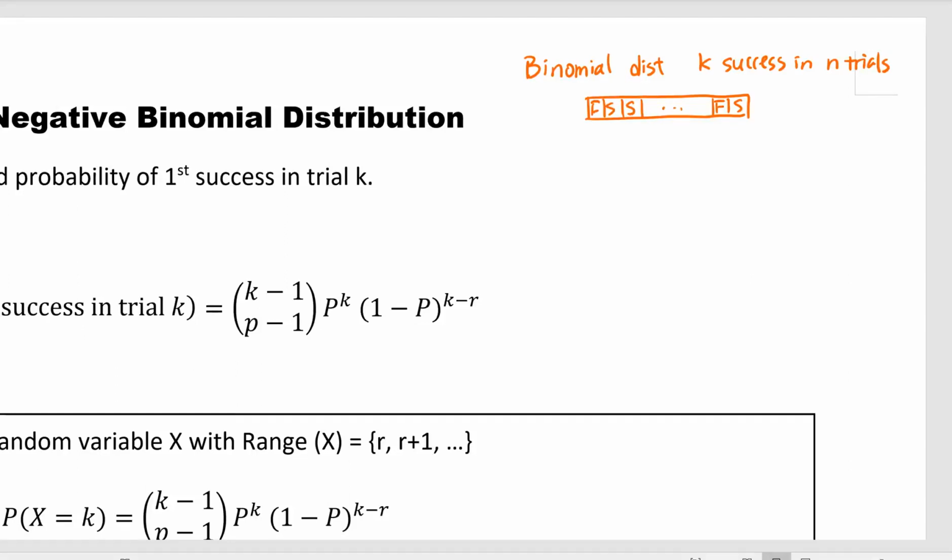So the probability that X equals K is: we have M boxes, K of them are success, and the probability of success is P, so we have K successes and M minus K failures. That is the binomial distribution.